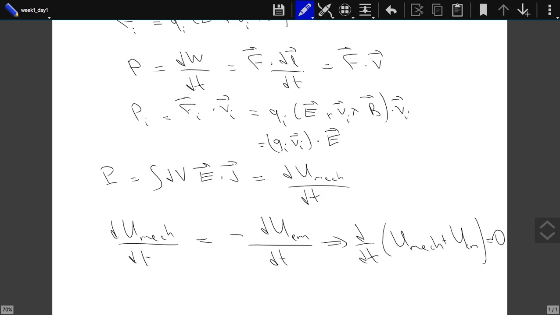If I can obtain such a relation, where this side depends only on my point charges and my masses, and this side is independent of my point charges and masses, then I know that the total energy of my system, the mechanical energy of my point charges plus the energy stored in the electromagnetic fields, is conserved. I don't know yet. We will show that it is actually the case.